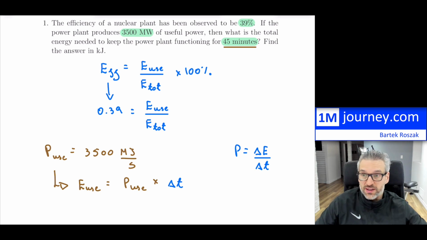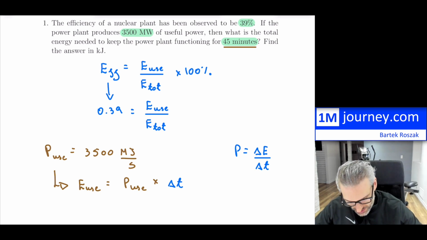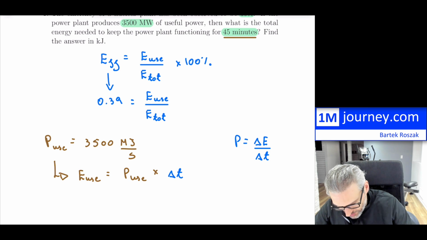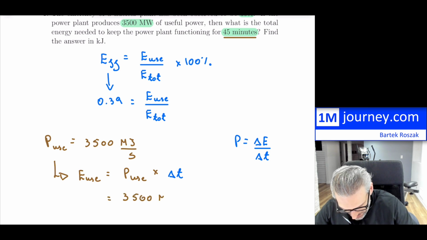And that was actually, I think, in one of the multiple choice questions as well. So I'm using this and then just rearranging for the amount of energy, and in this case, the useful energy in here. So coming back in here, let's input all of this in. That's going to be megajoules per second multiplied by the time.